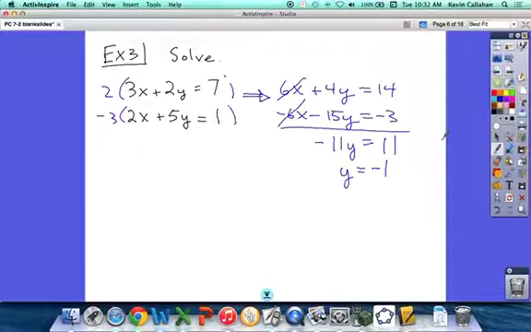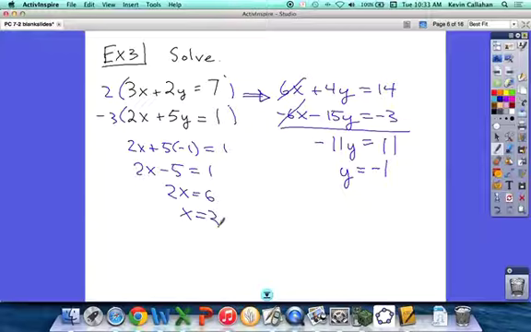Back substitute. Take your pick. I'm going to pick the bottom one, because at least I've got space right underneath it to show me plugging it in. So let's see, 2x plus 5 times negative 1 equals 1. 2x minus 5 equals 1. 2x equals 6. X equals 3.